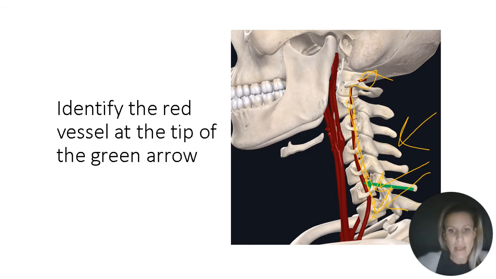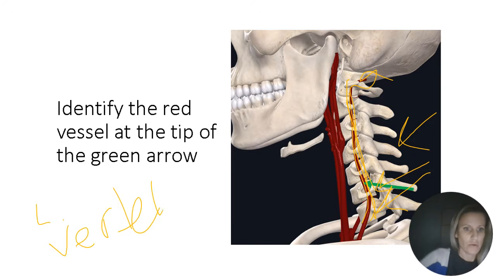So the vessel that actually goes through these holes in the vertebrae is the vertebral artery. There's one on each side, right? So this is the left side, left vertebral artery.